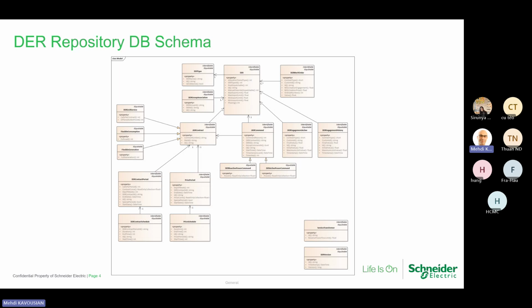So DER is the element, and it has some attributes, for example maximum export limit and maximum import limit. These are the basic elements. And then the type, which is a number, like 1, 2, 3, 4. You can define what 1 is, what 2 is, what 3 is. And then you have a relationship with the contract.